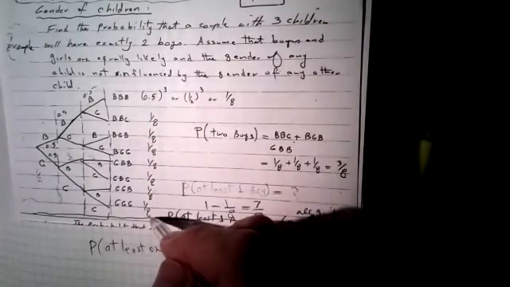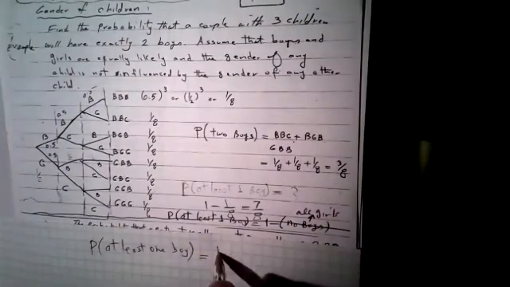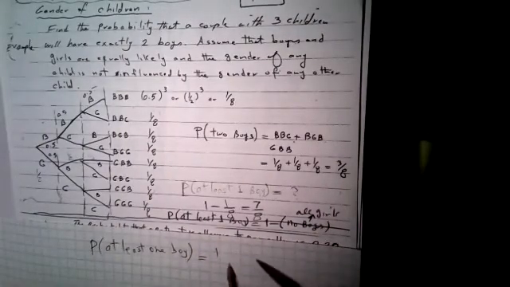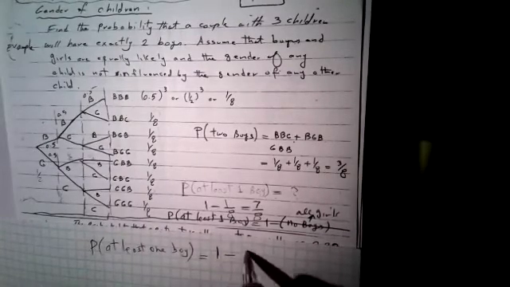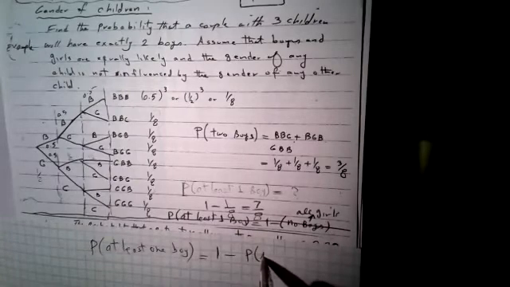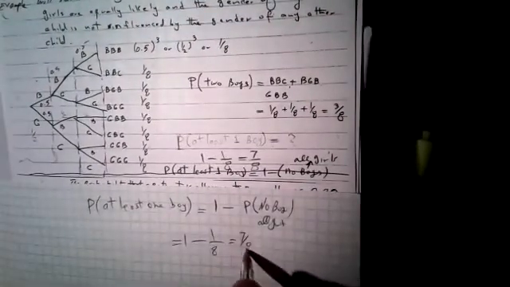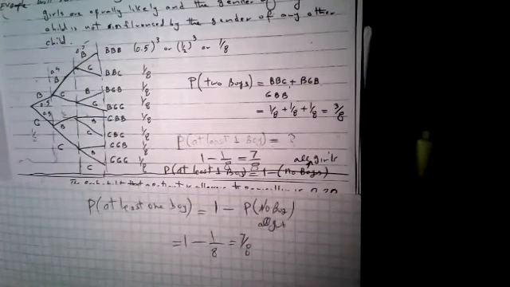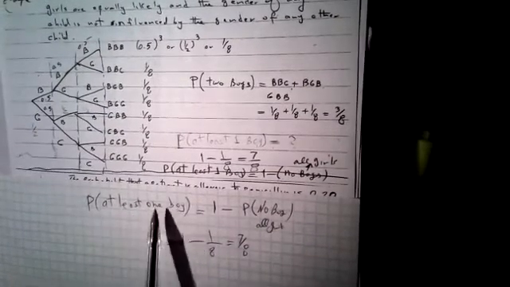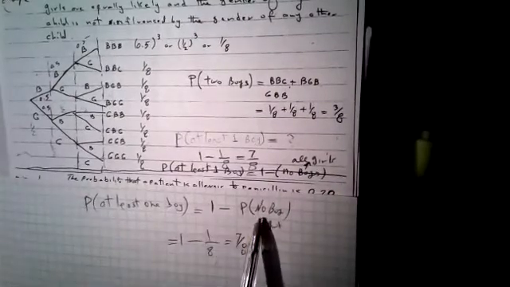It's just the last one that doesn't have any boy. You could add 1/8 7 times, or just say 1 minus the probability of no boys, or all girls. So it would be 1 minus 1/8, which is 7/8. Okay. That is this formula: the probability of at least 1 boy is 1 minus the probability of no boys, meaning all are girls.